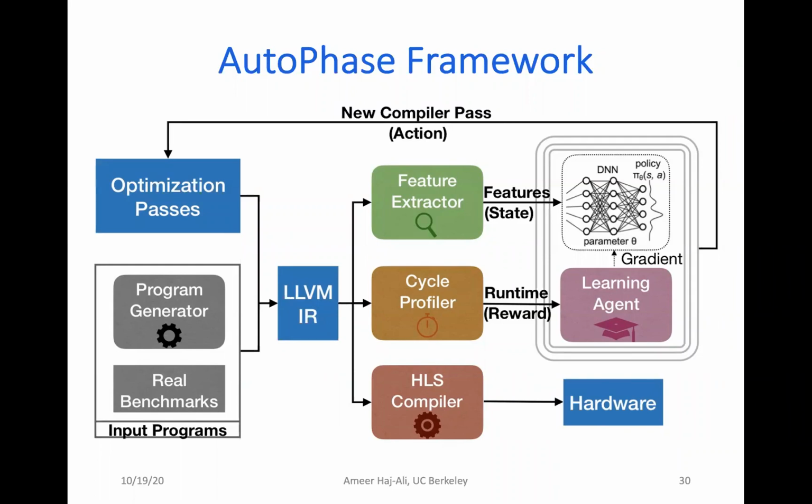You can view this as the compiled code that we observe. From this intermediate representation, we extract the program features with the analysis pass. We also have a cycle profiler that runs and measures the runtime, execution time of the program, which is basically our reward. And then we feed that to our RL agent, which predicts which next pass we should apply.